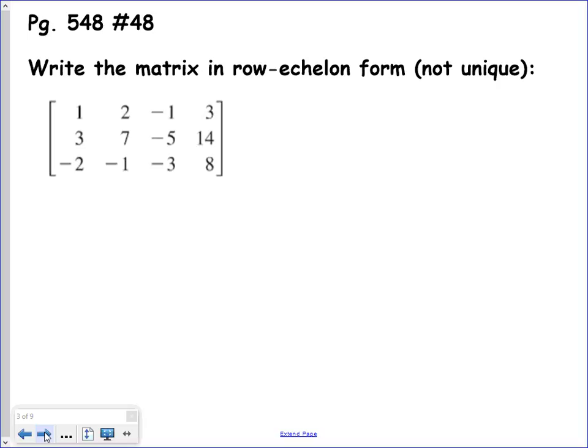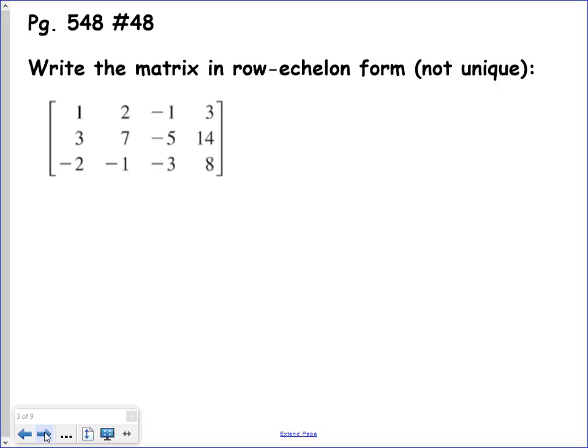That works for all matrices, whether they represent systems in augmented matrices or not. All I'm asking you to do is think about some row operations that you might perform so that this looks like row echelon form. This is basically number 41 and 42, but we're not telling you what to do.